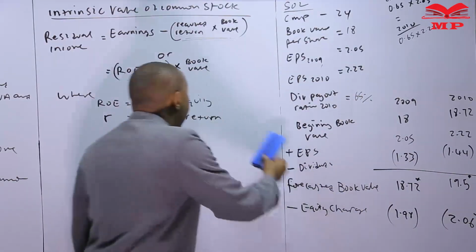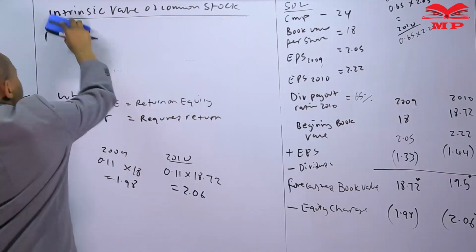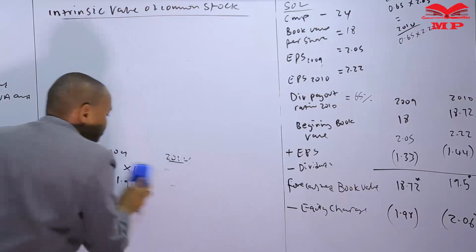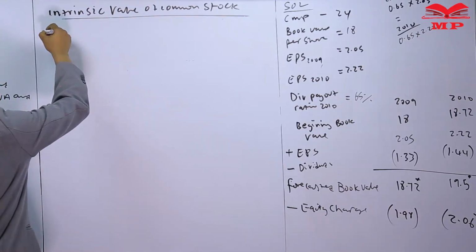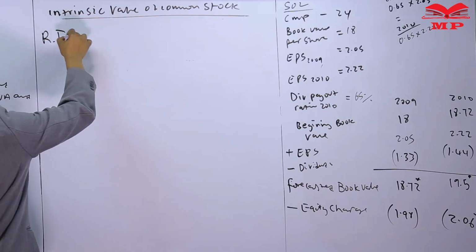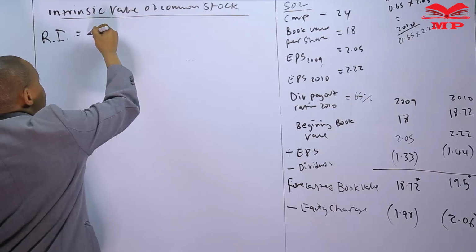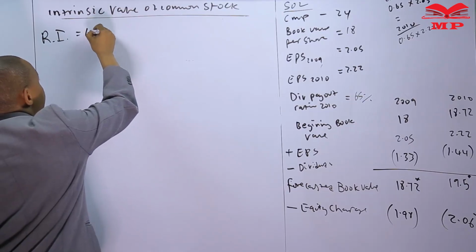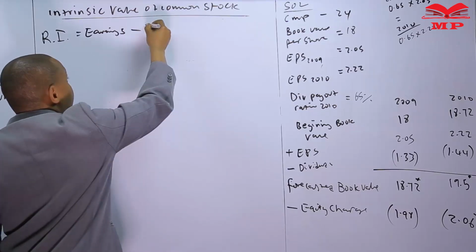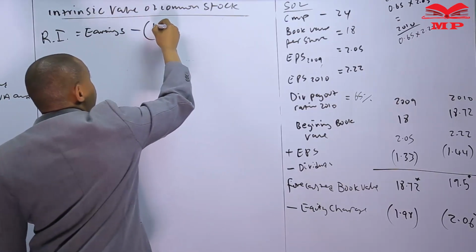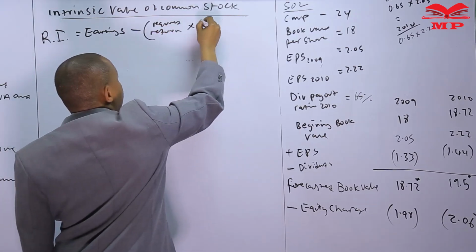So we can come up over here and get the residual income. RI, the residual income, is just the net income or the earnings less the equity charge, which is the required return times book value.